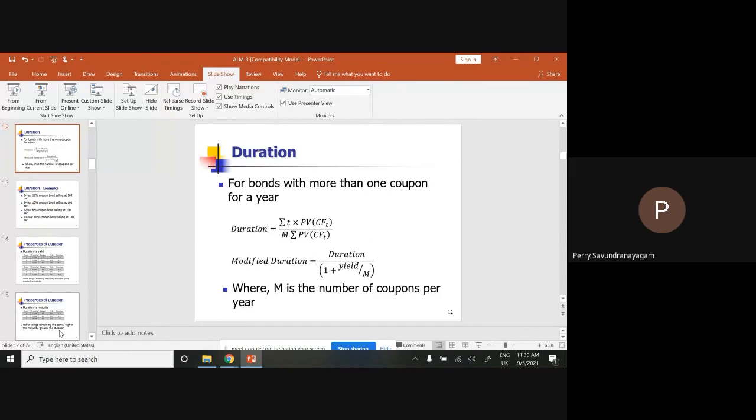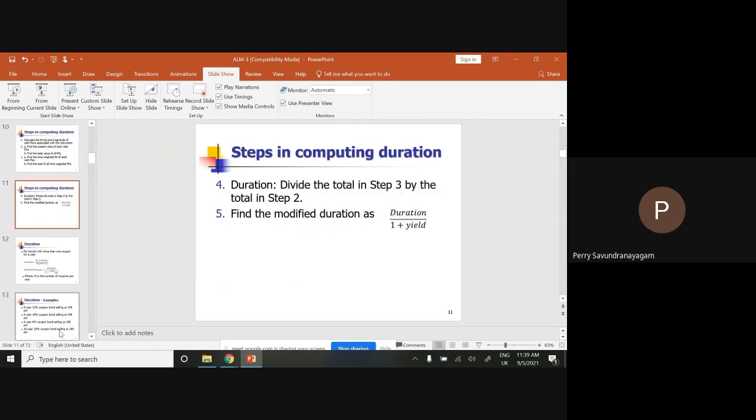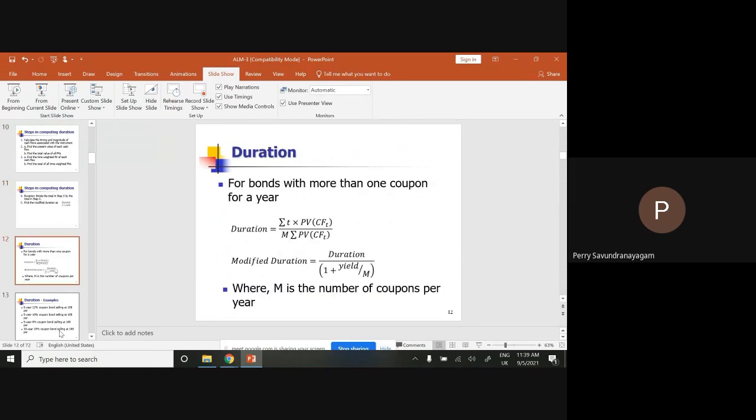First formula, you will take the total of the cash flows for each of the periods, present value that, and then you come up with the total, and you will then PV that to get the actual duration of the bond.